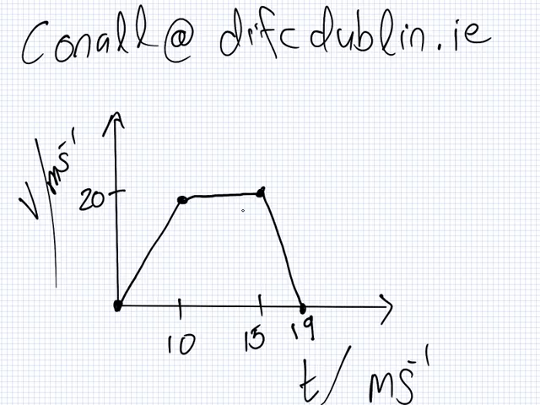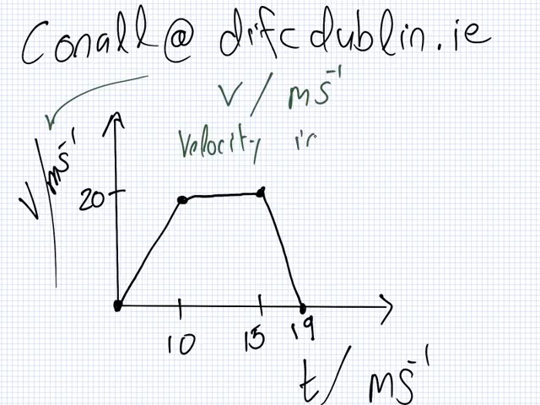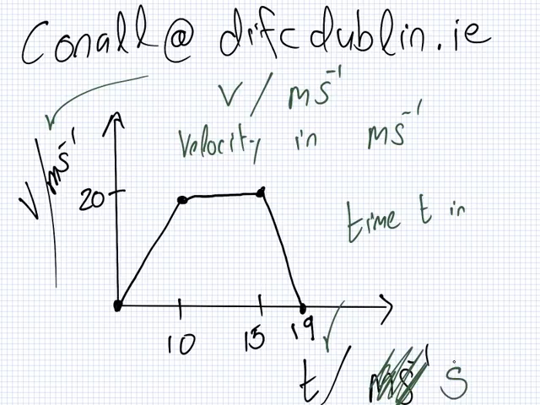So for the exam, you need to write it like this. When you see here, look, I write v/ms⁻¹. That just means velocity in meters per second. And here, for example, this means time t in seconds.